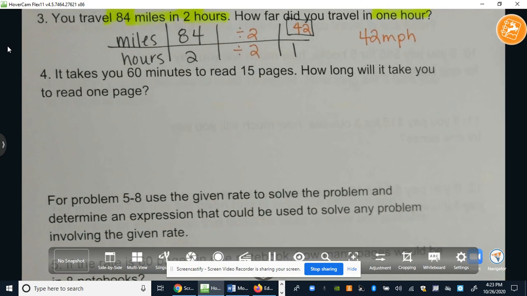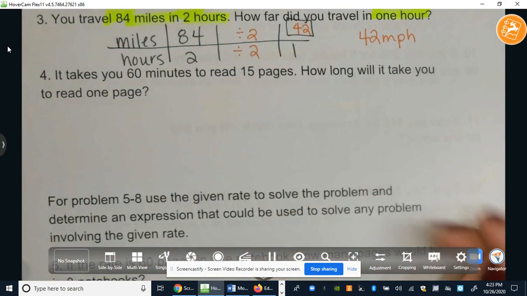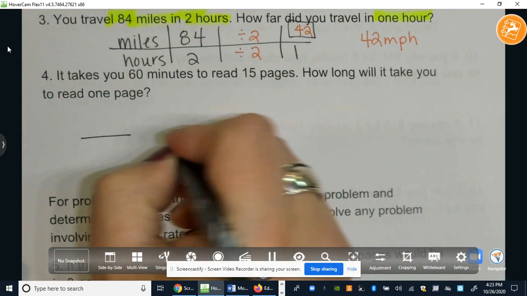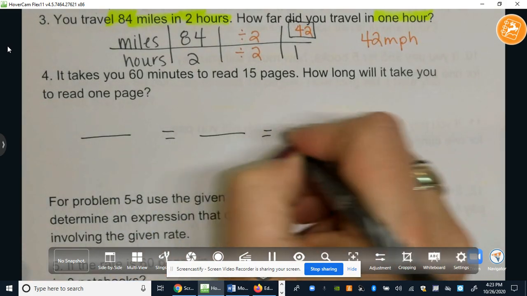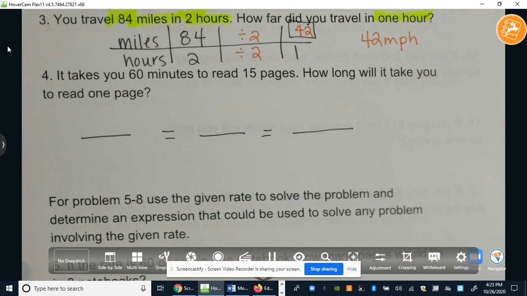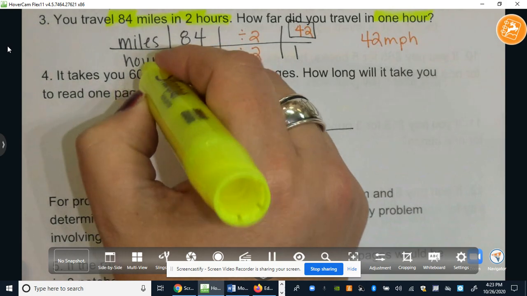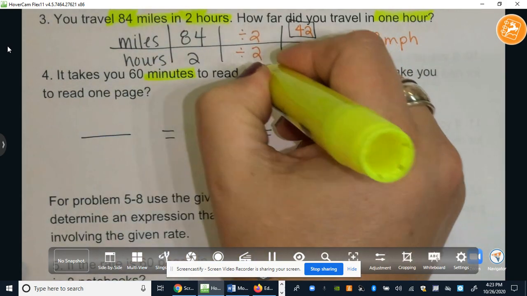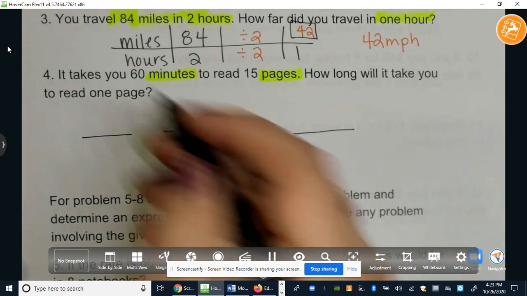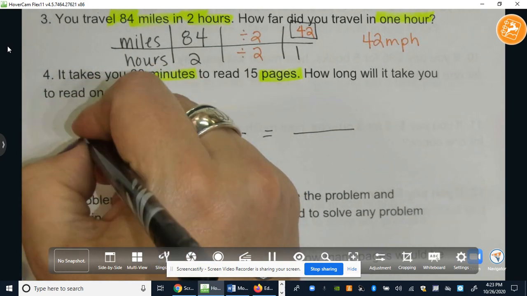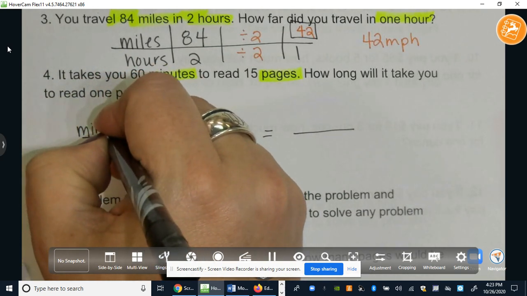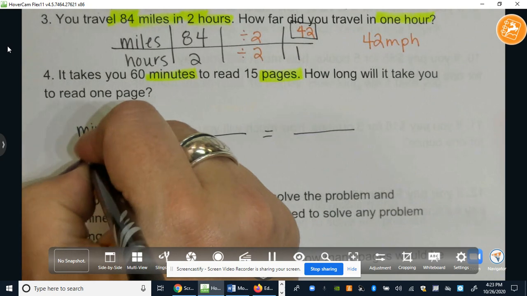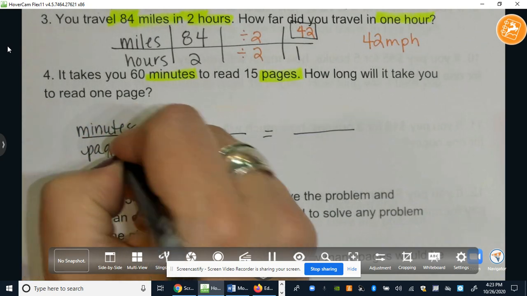It takes you 60 minutes to read 15 pages. How long will it take you to read 1 page? Again, we're setting it up. I'm going to set it up just like I did the first one so you can see. Either way will work. All right, so I'm comparing minutes and pages.